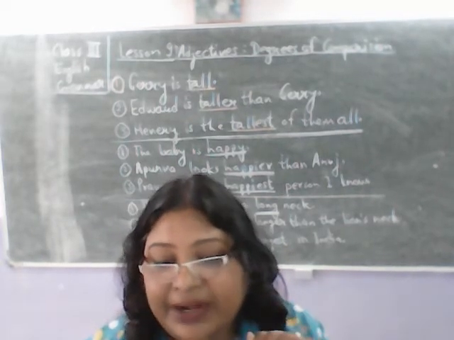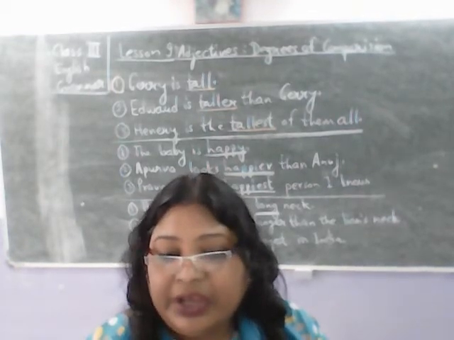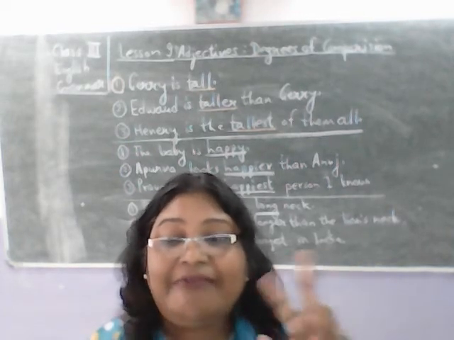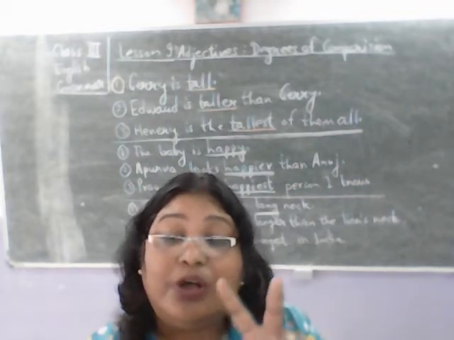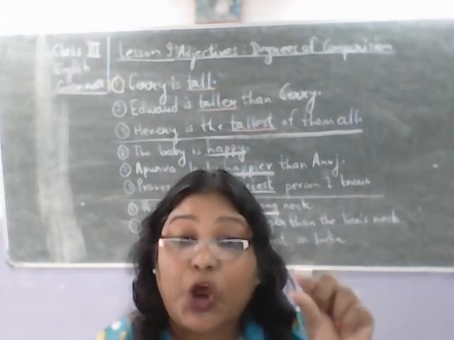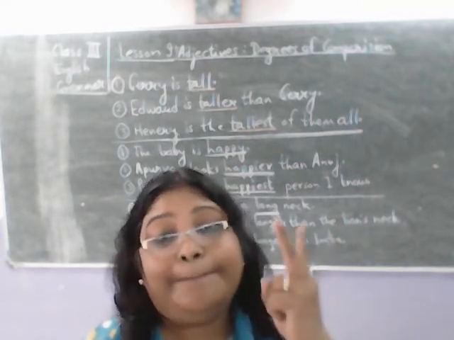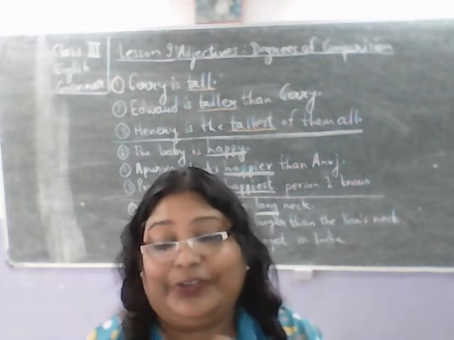A hummingbird is smaller than a sparrow. So here you have added er when you are comparing the hummingbird with the sparrow. The hummingbird is smaller than the sparrow. So when you compare two things, you have to add the word than also.